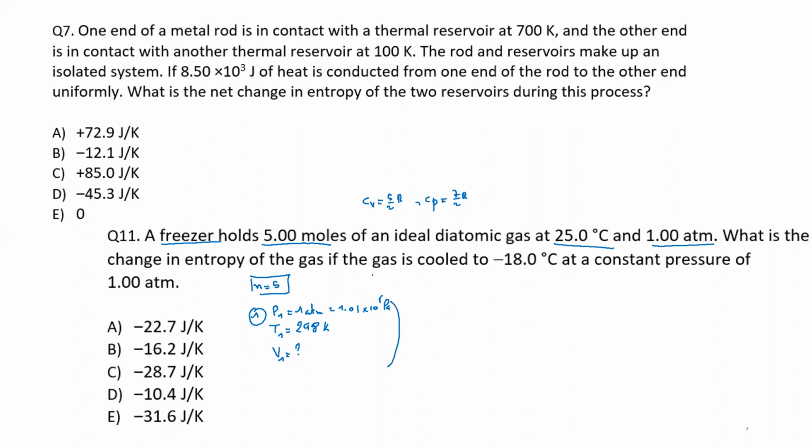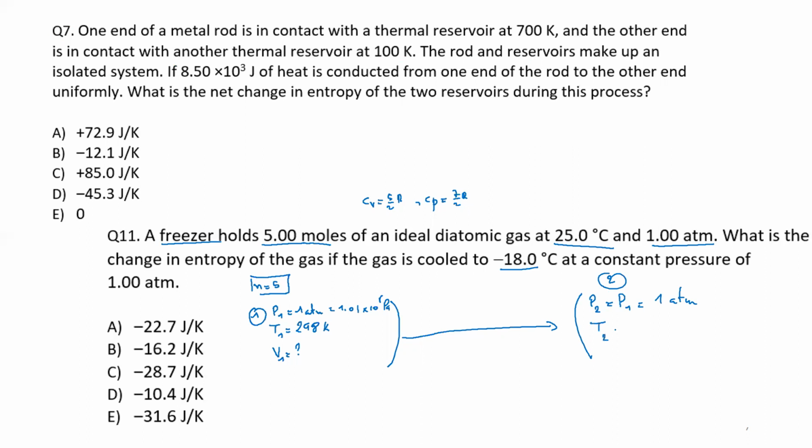What is the change in entropy if the gas is cooled to minus 18 degrees Celsius at constant pressure of 1 atmosphere? So I have now my state 2. Pressure 2 is constant, equal to pressure 1, equal to 1 atmosphere. So it's a constant pressure process.